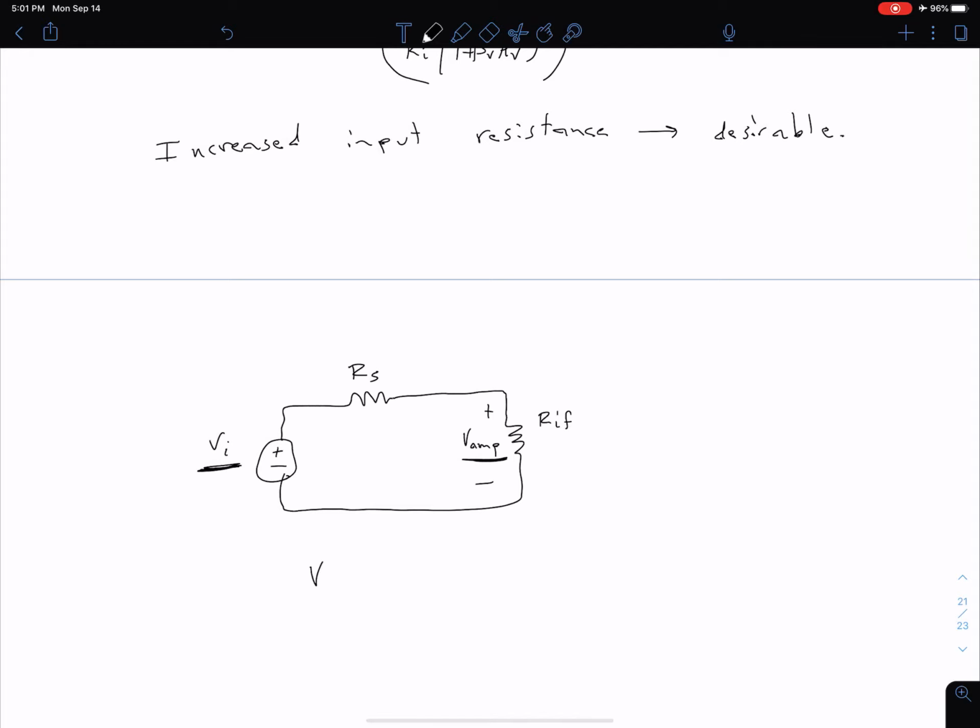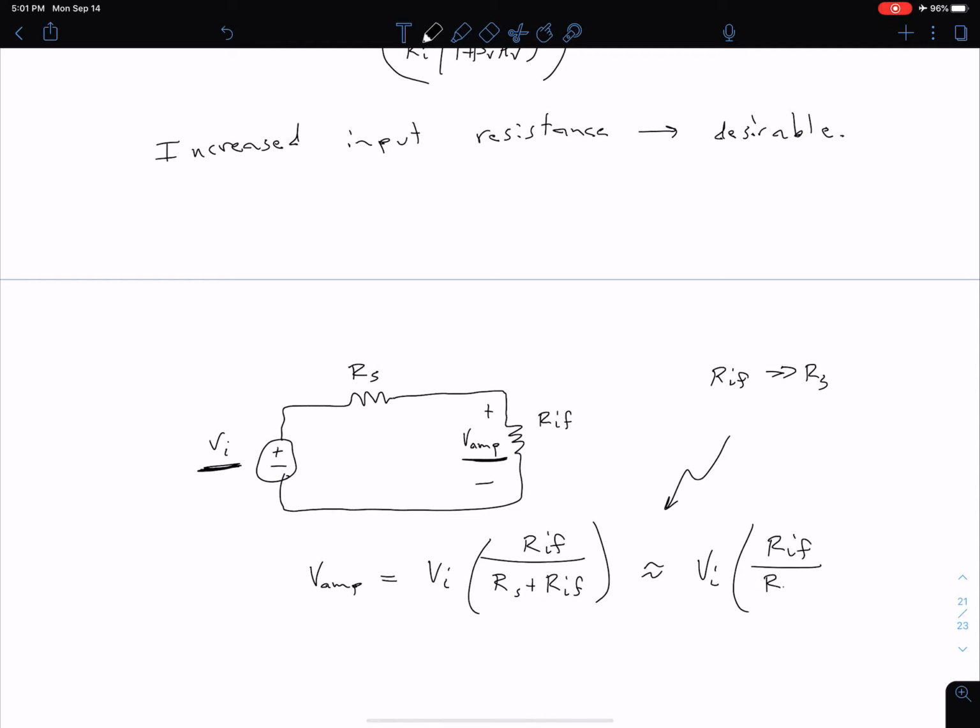And we know from our voltage divider that this voltage into our amplifier is going to be equal to V in times RIF divided by RS plus RIF. And so for the case of RIF much bigger than RS, this is going to be approximately equal to VI times RIF divided by RIF, which is of course equal to VI, which is what we want.